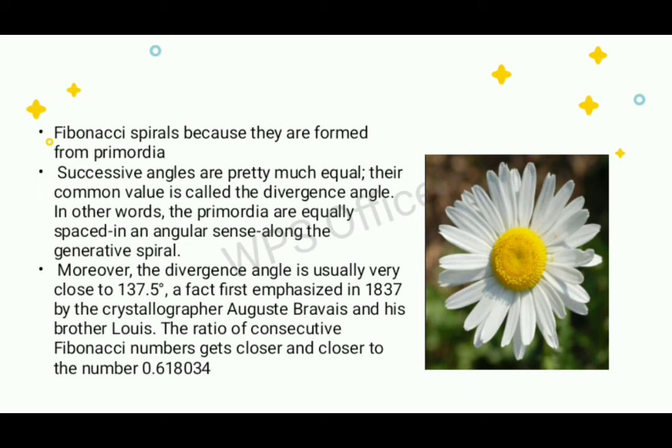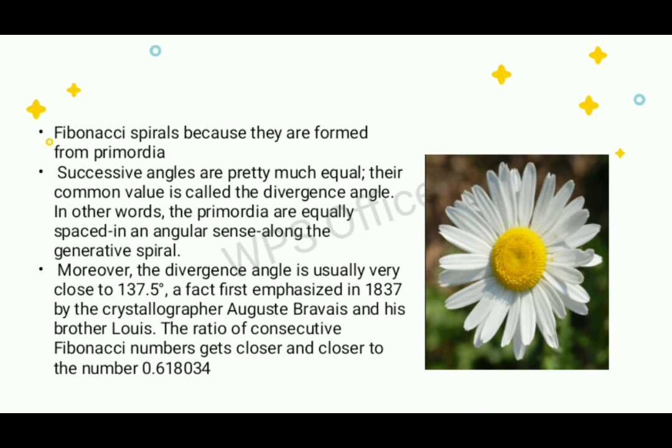In other words, the primordia are equally spaced in an angular sense along the generative spiral. Moreover, the divergence angle is usually very close to 137.5 degrees, a fact first emphasized in 1837 by the crystallographer Auguste Bravais and his brother Louis.